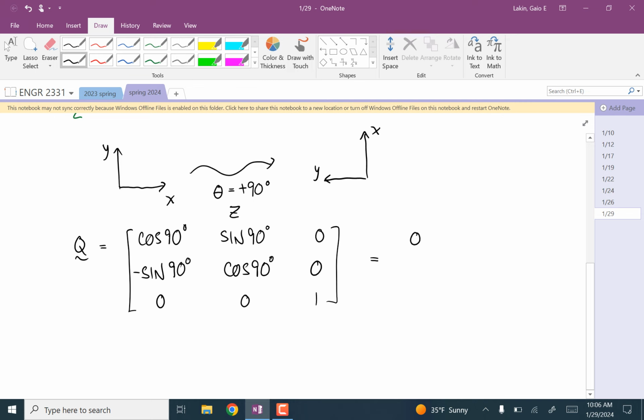Cosine of 90, that's 0. Sine of 90, 1, 0. Then negative 1, 0, 0, 0, 0, 1. Will 1 be 0? Yes.